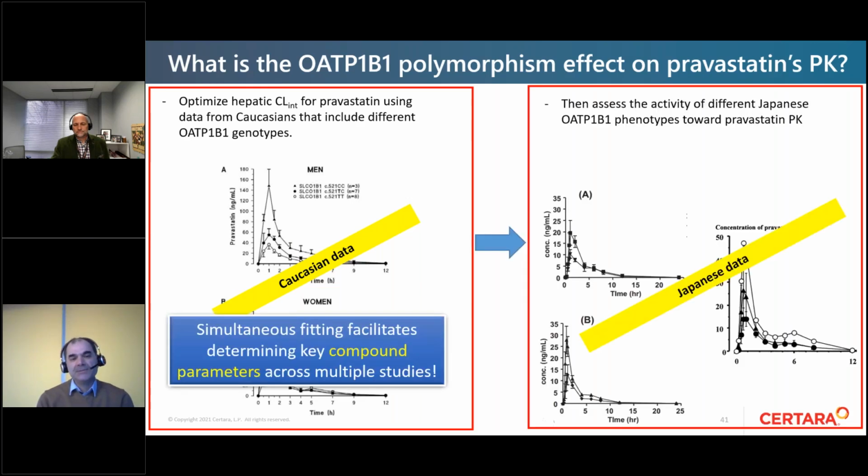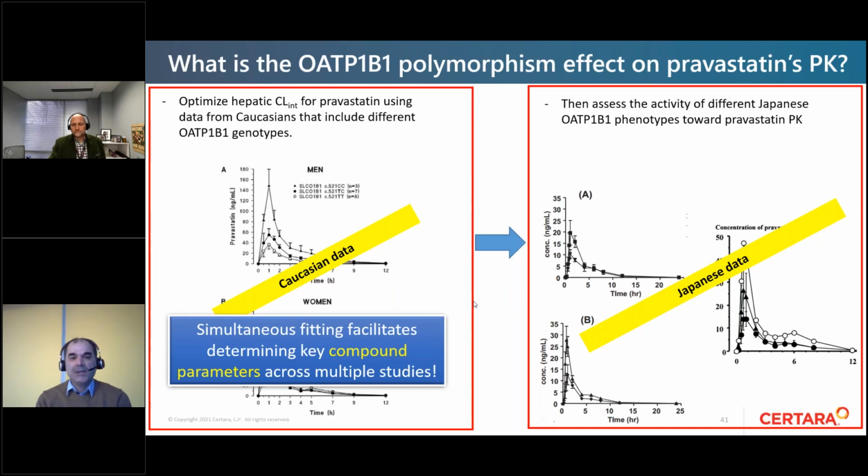When we have established the drug model and we are happy with it, then we can apply it to, for example, Japanese, where we know that the phenotype and the function of the transporter are different. Because they are different, now we can use different clinical studies where pravastatin is being given to identify the phenotype differences in the Japanese population. So it is a combination of developing a compound and then applying that for informing the specific population.